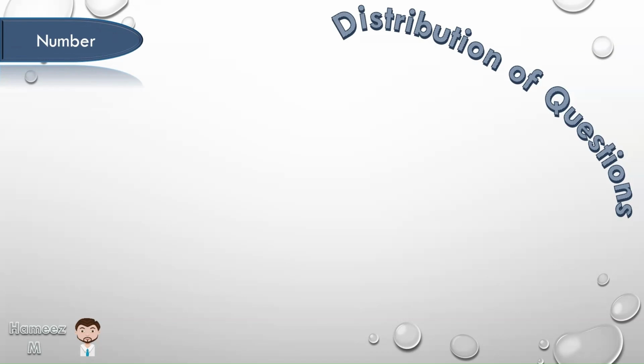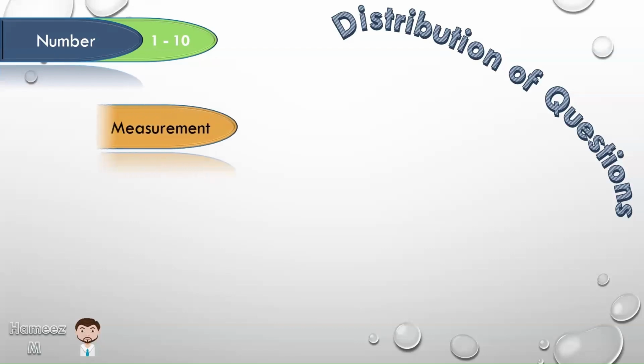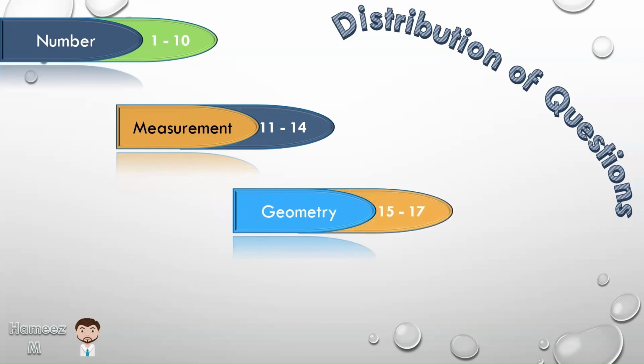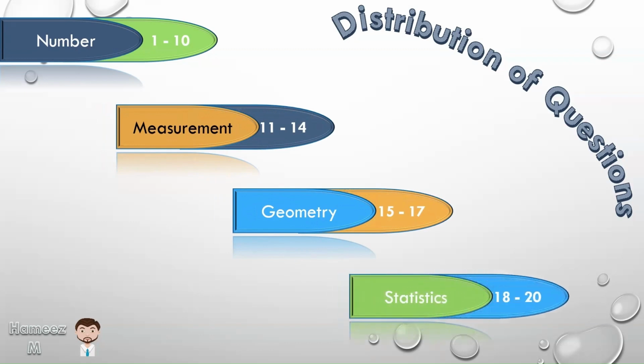So for the first 20 questions, numbers 1 to 10 are based on that strand. And then the next strand is measurement, where the next 4 questions are assessed. Then we have geometry, where it is assessed for the next 3 questions, which are 15 to 17. And to complete section 1, we have statistics, which are the last 3 questions in this section.